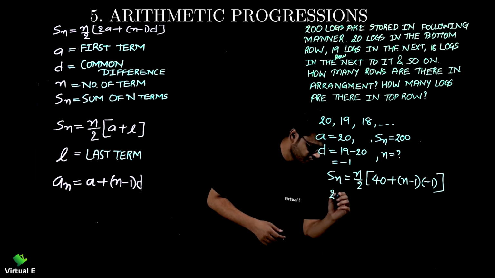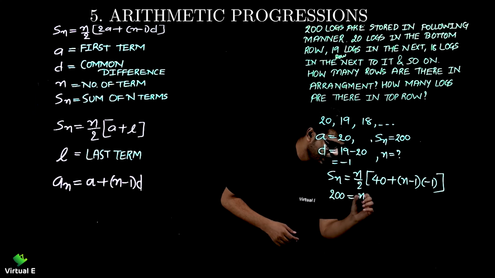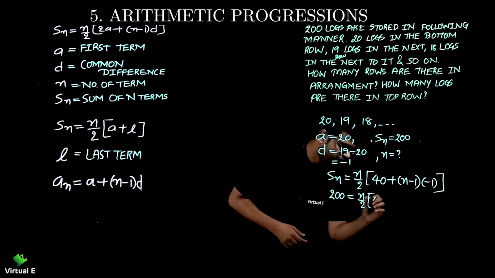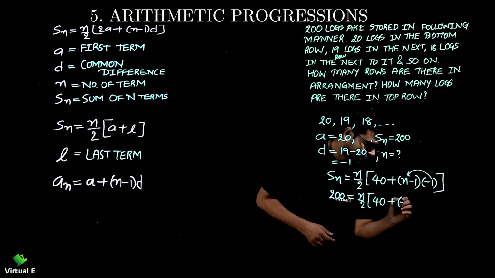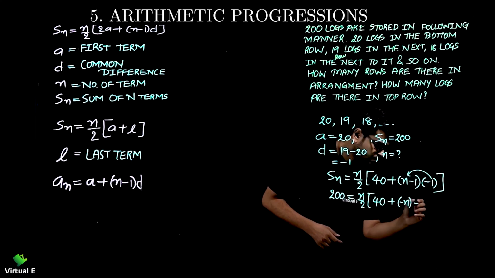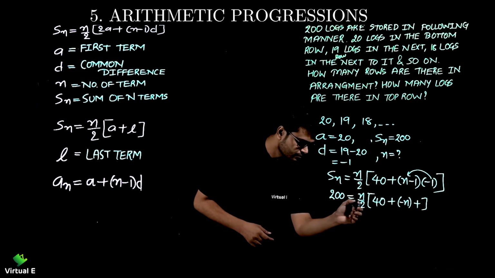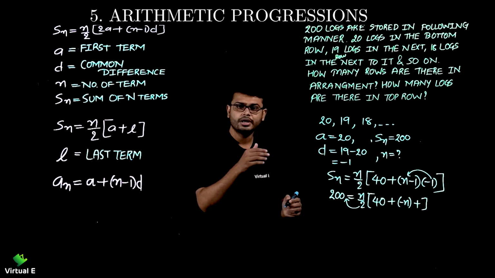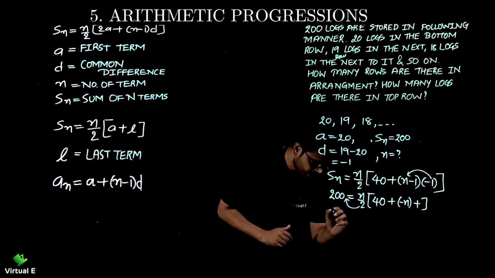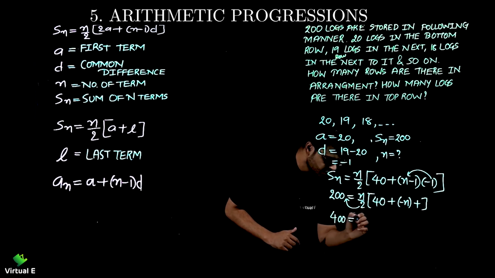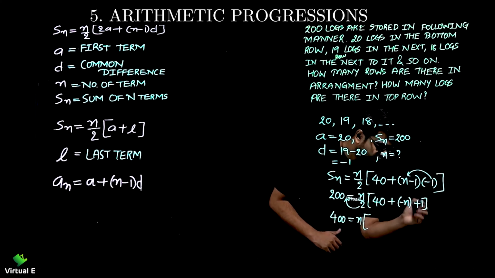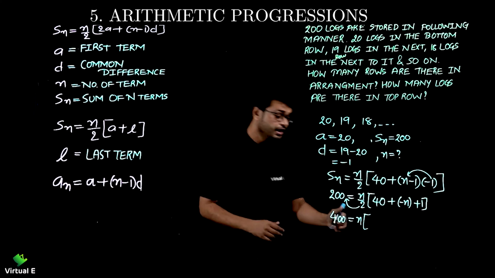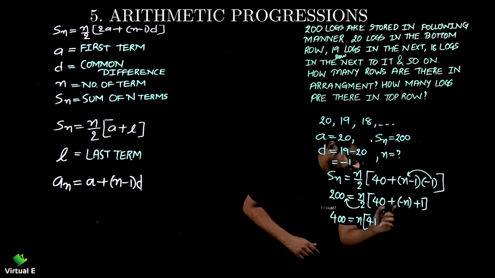Let's substitute the value. Sn is equal to 200 is equal to n by 2 as it is, here 40 as it is, plus minus 1 into n will give you minus n, and minus minus plus 1. So I will be shifting 200 over here. 200 into 2 will give you 400 is equal to n, and bracket 40 plus 1 will give you 41, and here minus n.